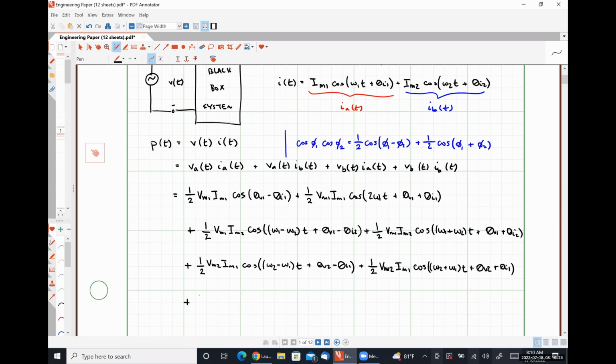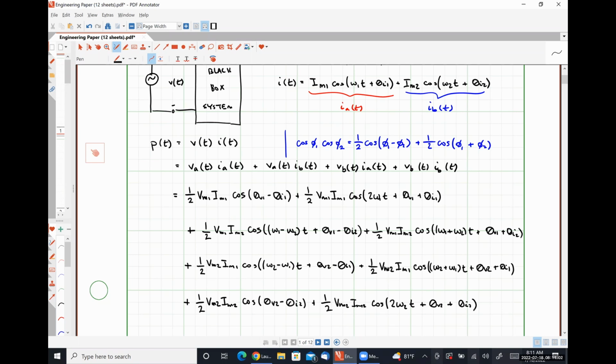So this is going to look like 1/2 VM2 IM2 cosine theta V2 minus theta I2 plus 1/2 VM2 IM2 cosine twice omega 2t plus theta V2 plus theta I2.